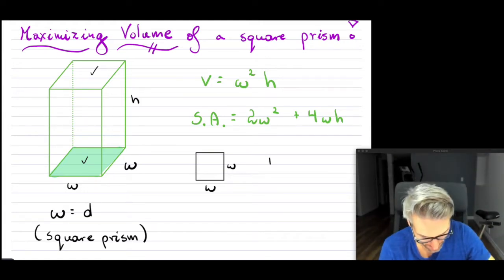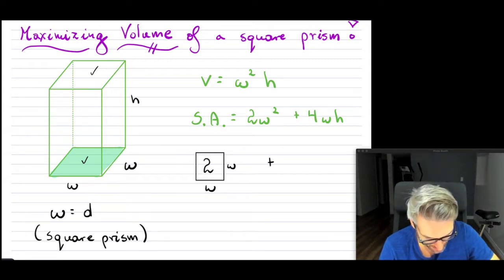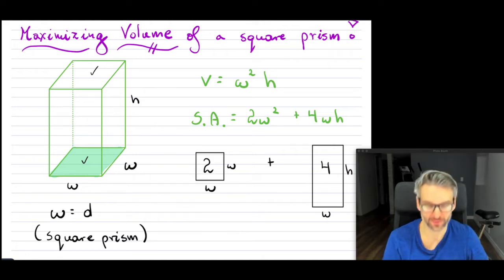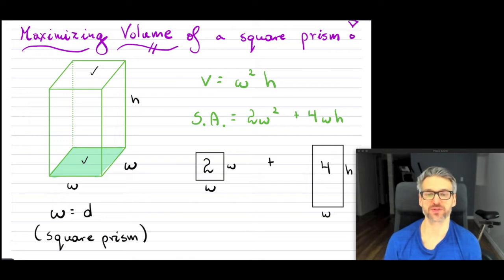We have this rectangular shape here where this is W and this is your height, and we have four of these, because you're going all the way around. So that's where this has come from.